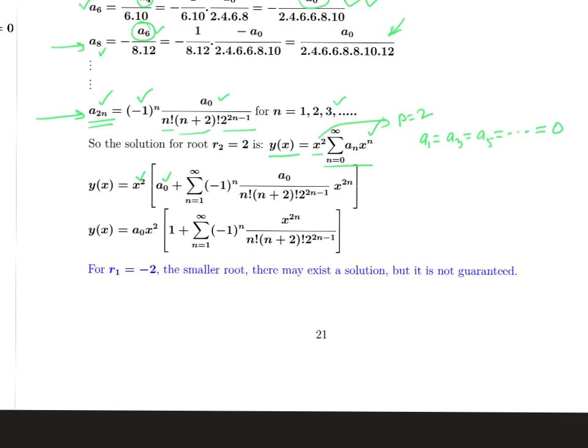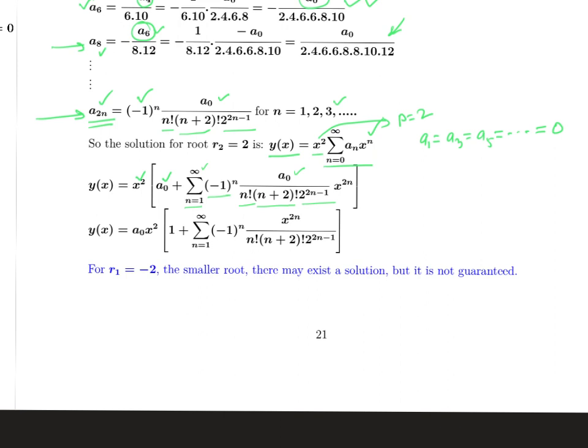Now, I could go ahead and express the even subscripted coefficients this way. Summation n is equal to 1 to infinity, negative 1 to the power n, a sub 0 divided by n factorial times n plus 2 factorial times 2 to the power 2n minus 1.